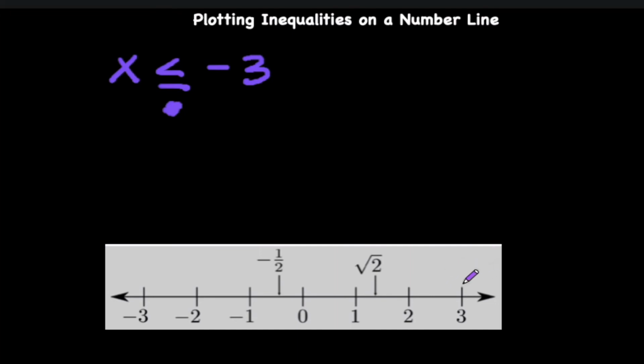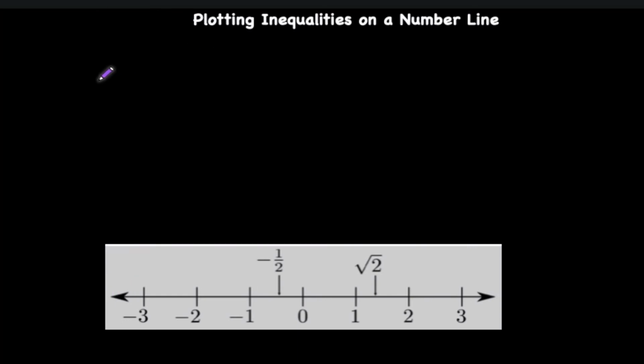So this will be -3, closed circle, and it's saying less than or equal to -3. So we're plotting to the left. Notice -3 is included, right? Because -3 is less than or equal to -3, because -3 is equal to itself. All right, let's go over another example.